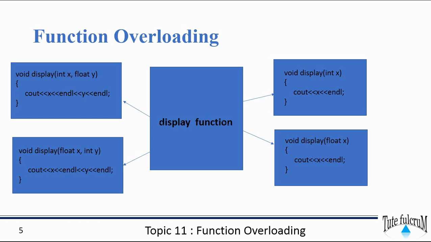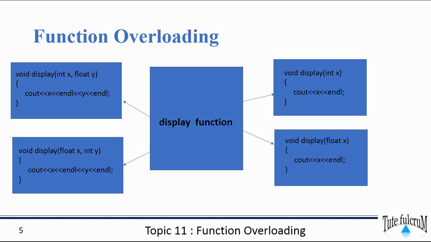The third form of the display function has 2 arguments, where the first argument is of the integer type and the second is float. And the fourth display function has 2 arguments, but the first argument is float and the second is an integer. So one display function exists in 4 different forms. This is the reason why function overloading is an example of polymorphism.